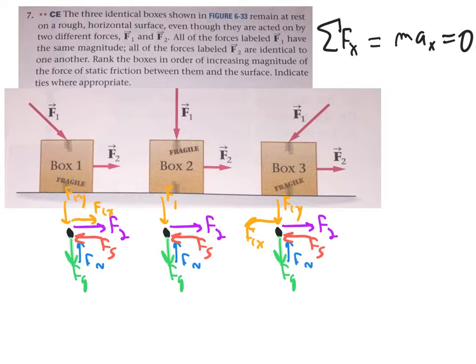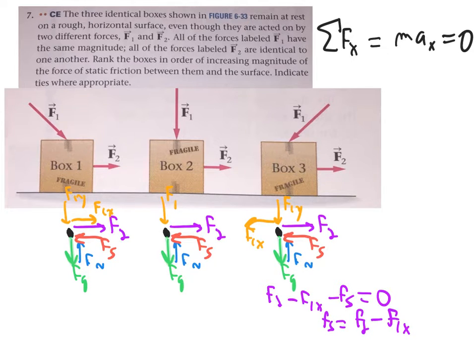So for box 3, the horizontal force is going to be F2 minus F1x minus Fs has to equal 0. So Fs is F2 minus F1x.